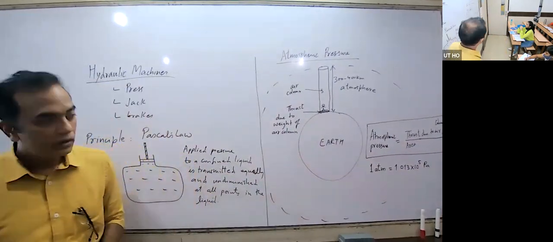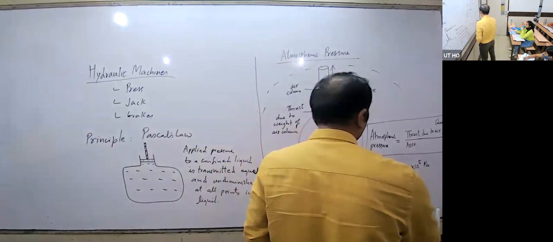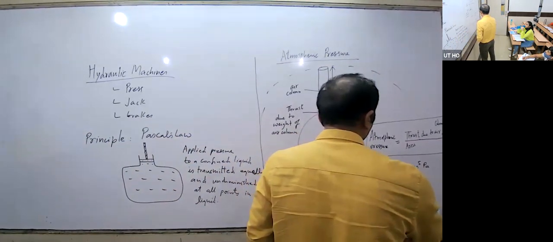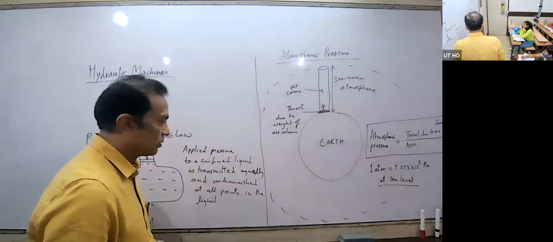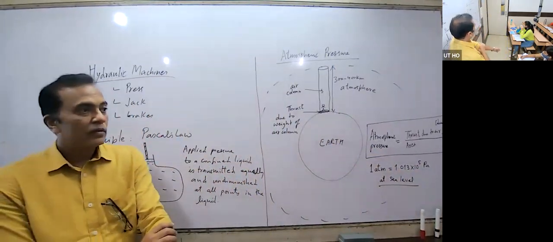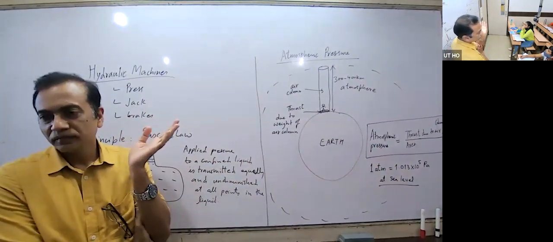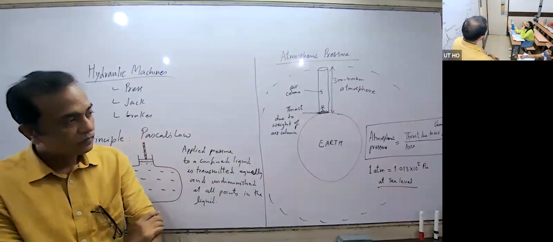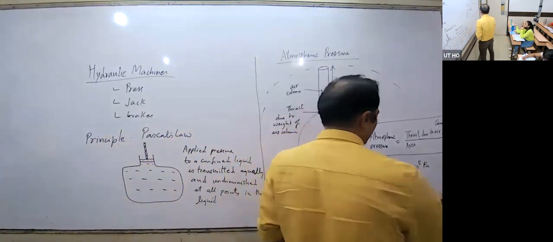That is at sea level. Can anybody visualize how big is this pressure? So Pascal is basically what?